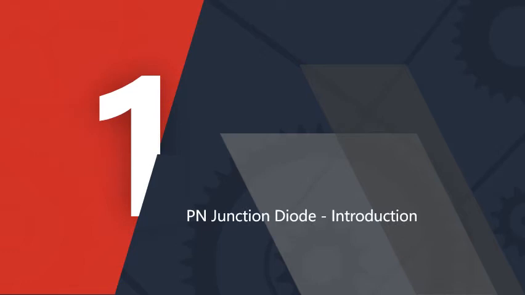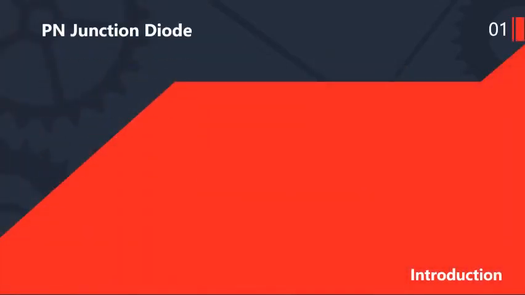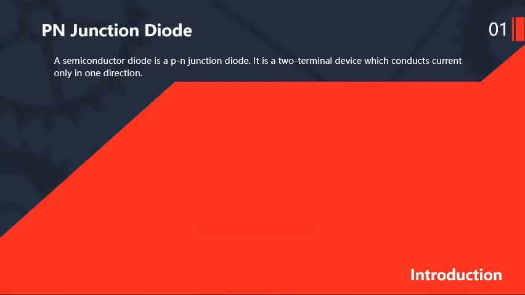We begin with the PN junction diode, the introductory part and how it works. A semiconductor diode is a PN junction diode. It is a two-terminal device which conducts current in only one direction.